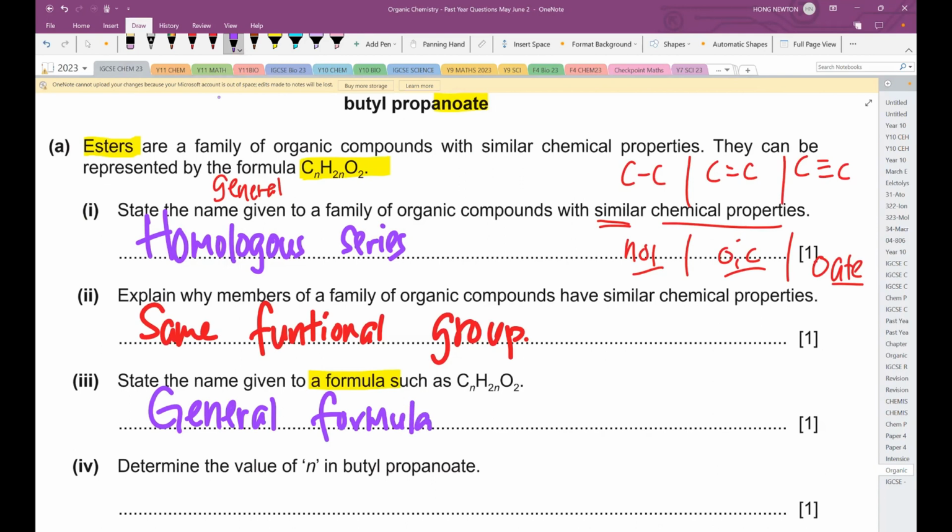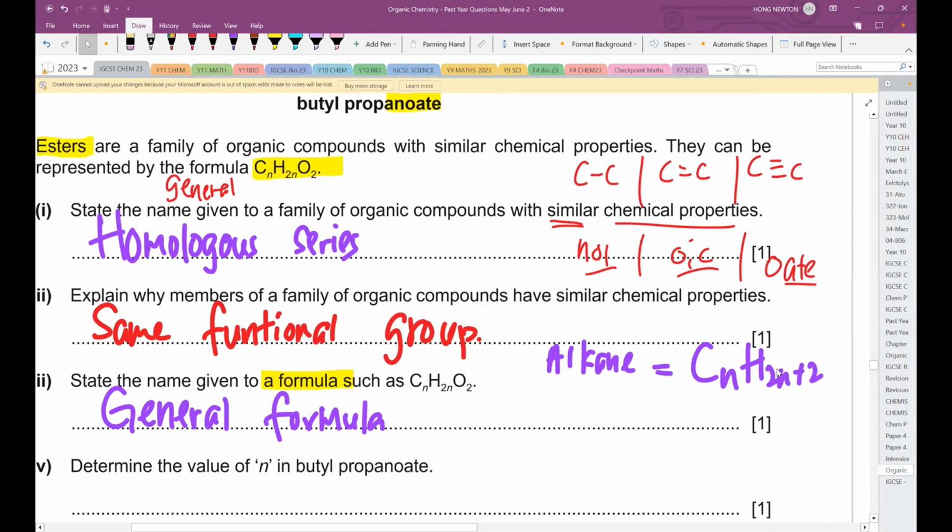What is the general formula for alkane? It's CnH2n plus 2. Yes, good. How about alkene? No plus 2, right: CnH2n. Good.